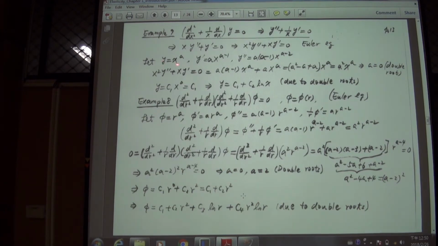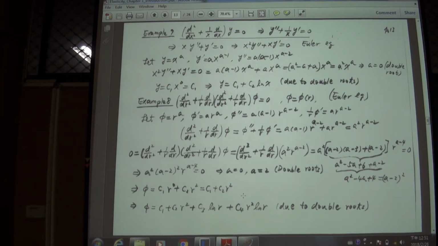So again, we let y equal to x^a, and then differentiate it once and twice. Then we put this one into here, this one into here. We write this equation like this. This term equals here, and this term equals here, with x squared times x^(a-2).